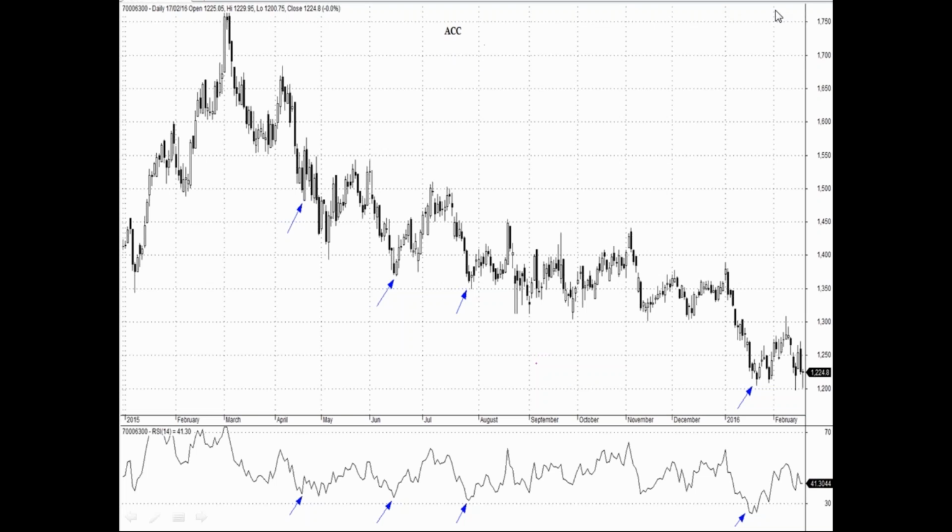This is the next slide. This is the ACC chart, and we see the same thing. The prices hit the oversold zone at this level, and a new low is made. Similarly, prices again hit the oversold zone, and again a new low is made. Again oversold zone and a new low, and again an oversold zone and a new low.